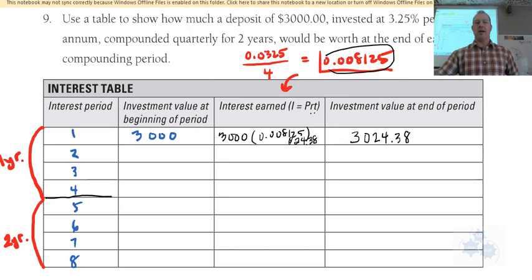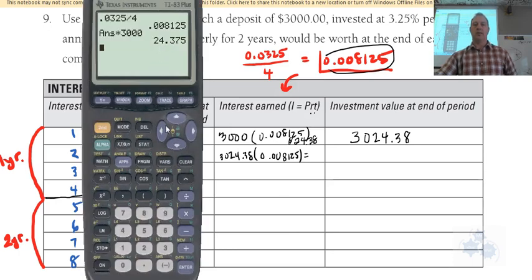So let's now move this amount at the end of the row down to the beginning of the next row. So 3024.38. So we're going to do 3024.38 times our decimal here again. And what does that equal? So let's see here.